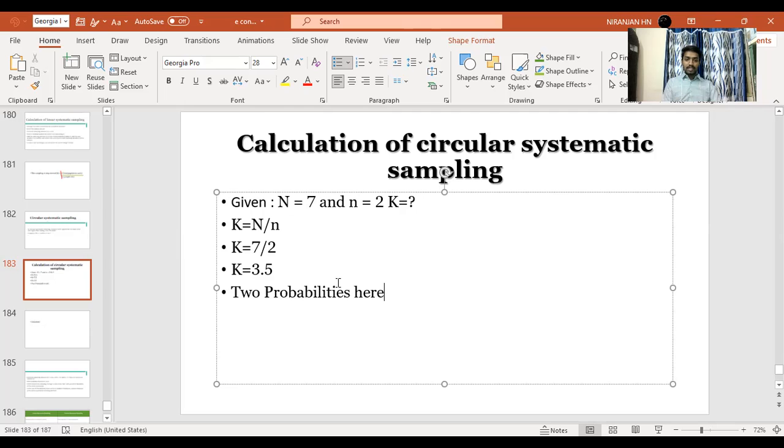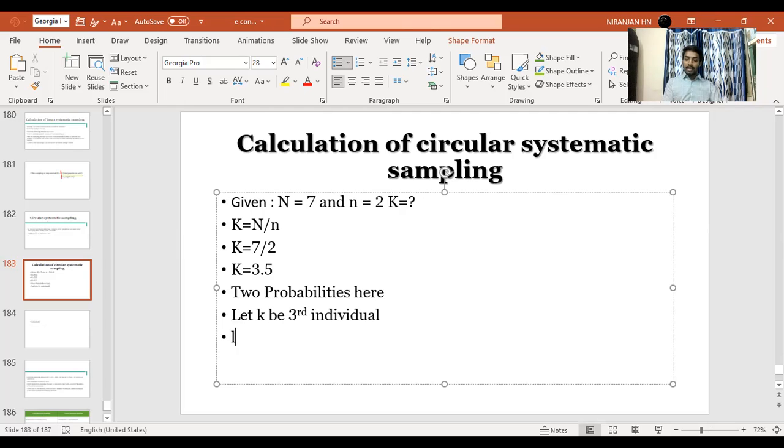What is the first probability? We can choose k as 3, let k be the third individual. What is the next probability?